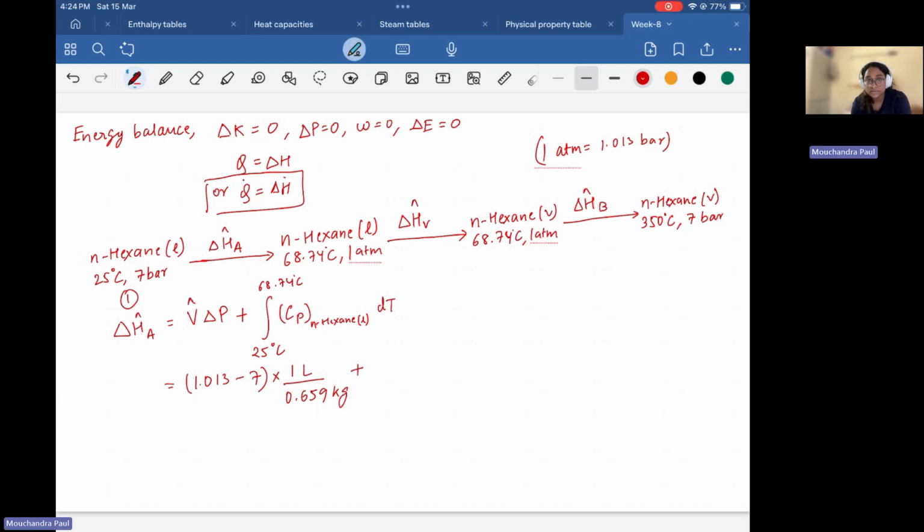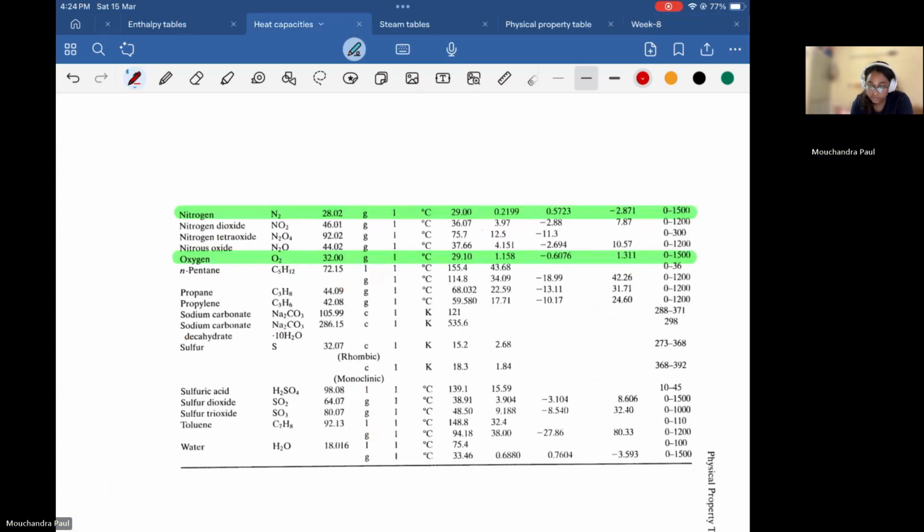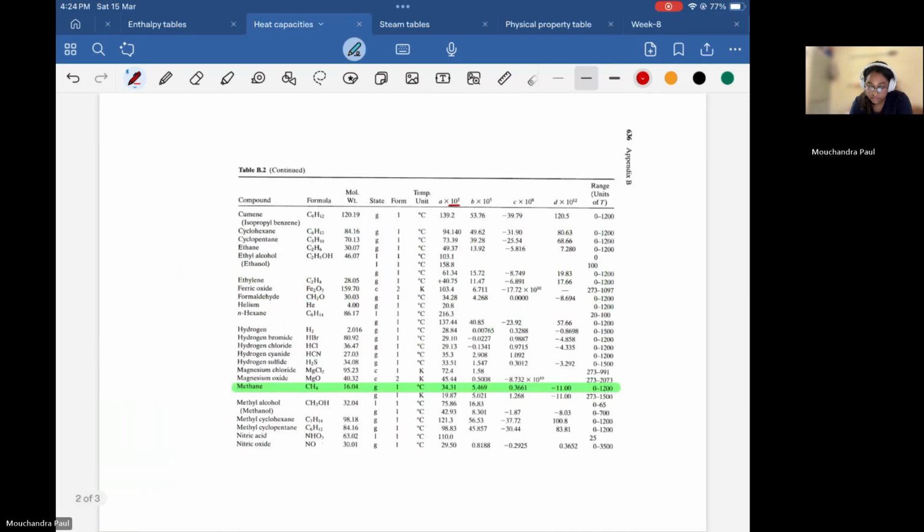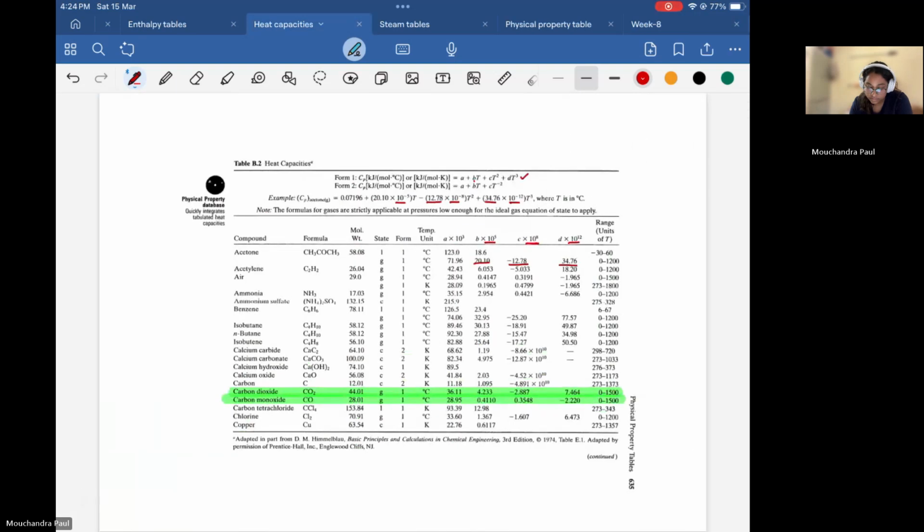Whereas for Cp, you determine the value of Cp from table B2.